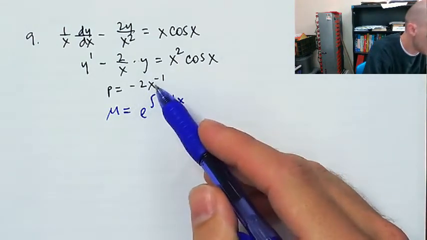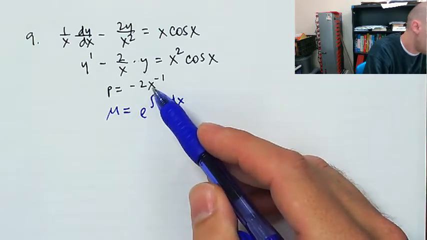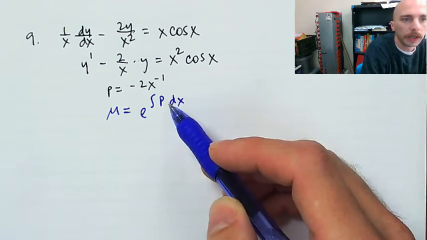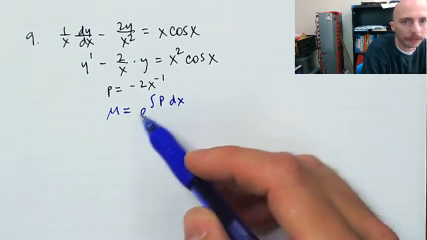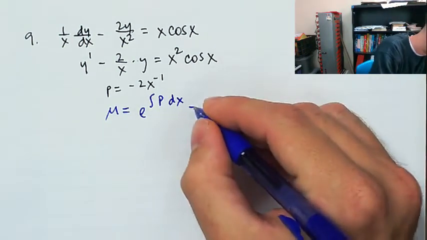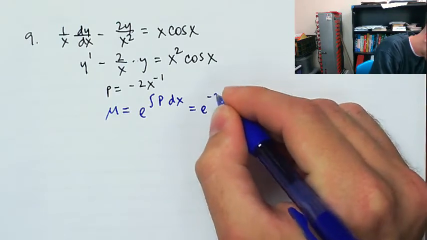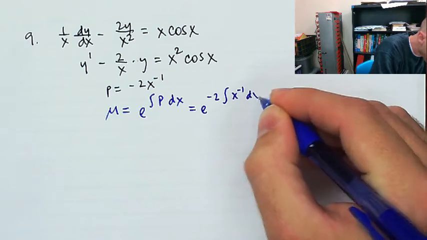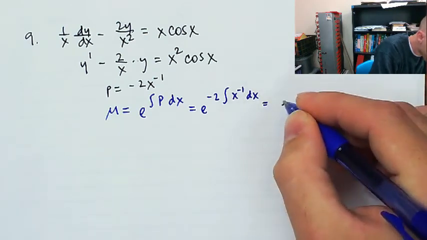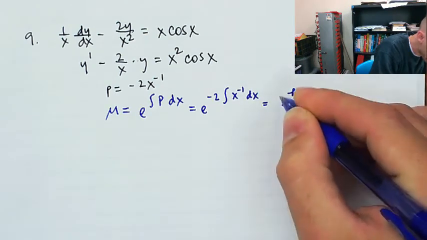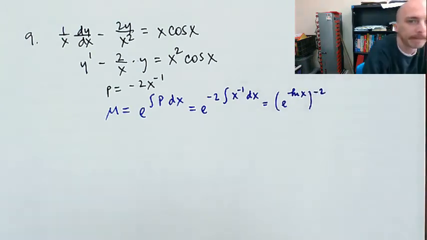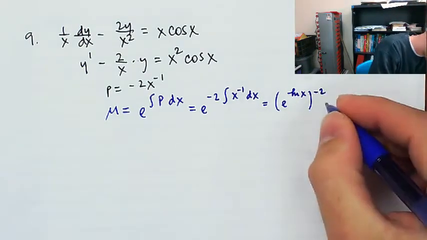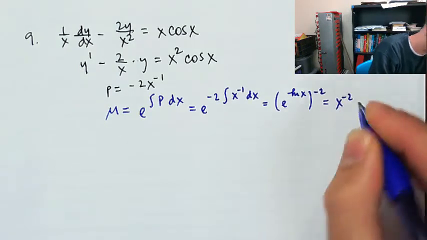So the antiderivative of this would be negative 2 natural log x up there, and then e to the natural log x is x, so it's going to be x to the negative 2. So that's the integrating factor, x to the negative 2.